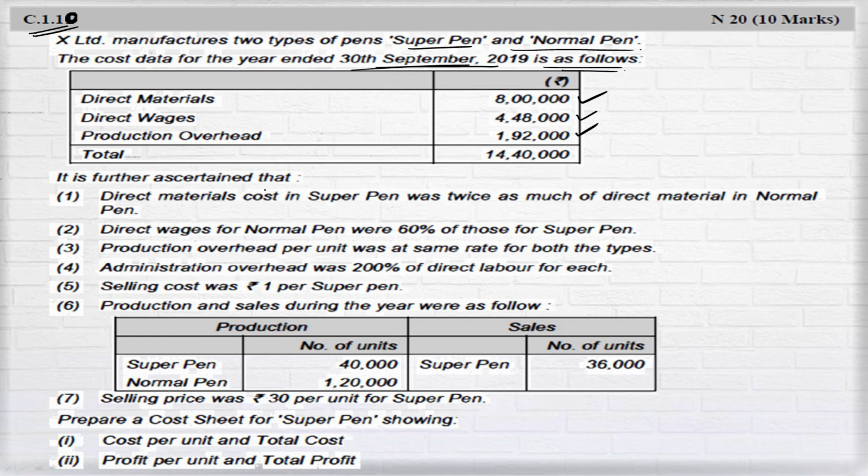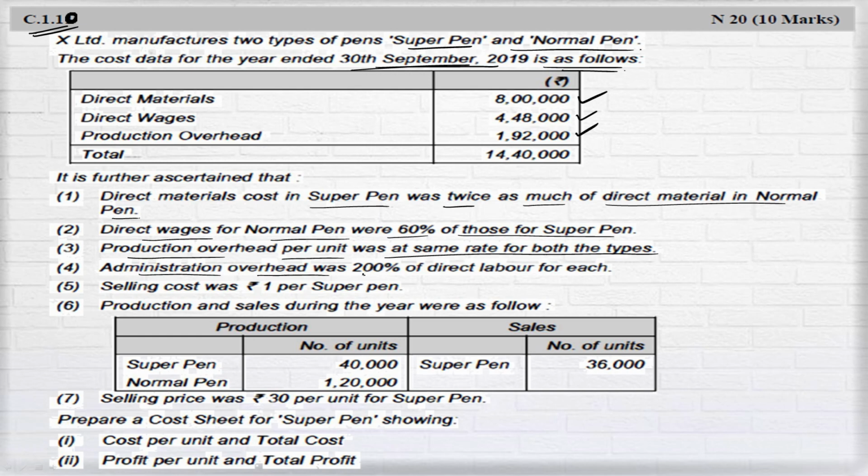It is further ascertained direct material cost in super pen was twice as much as direct material in normal pen. Direct wages for normal pen were 60% of those of super pen.